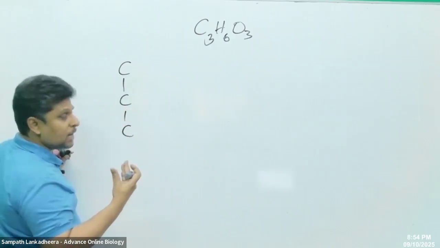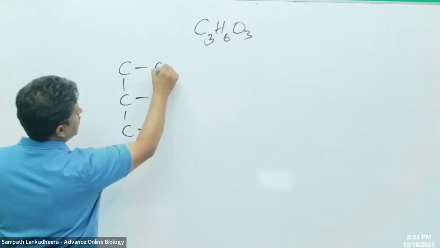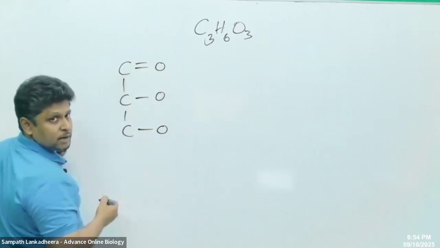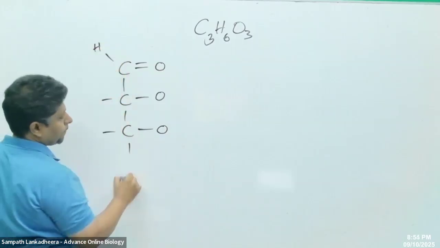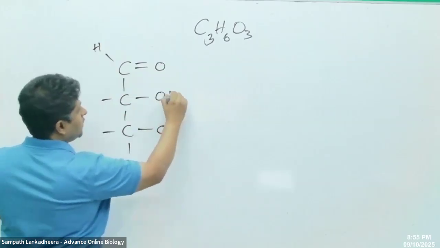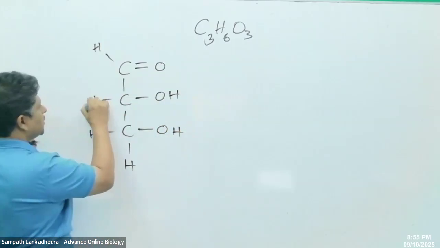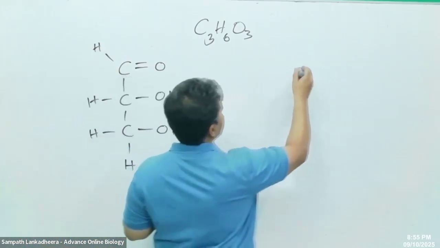Then you can take a 3 carbon containing monosaccharide. It has 3 oxygens also. One of the oxygens has a double bond, and then you share the hydrogen with the remaining. So this is the structure. We learn, people, there is an isomer here.